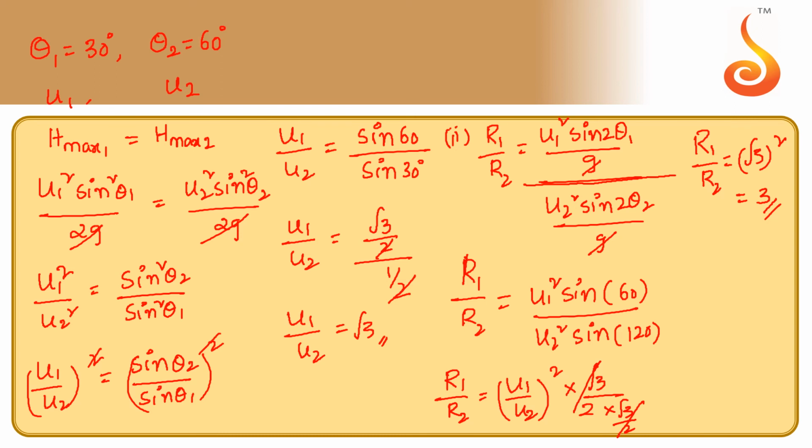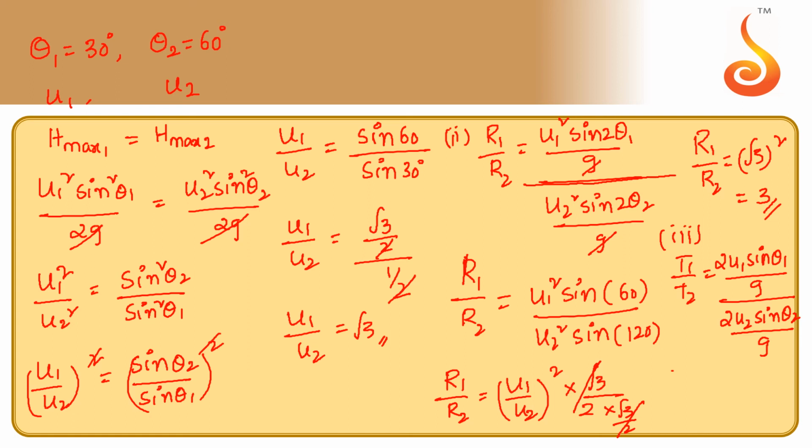And we also need to calculate the third parameter, the ratio of the time of flights, which is nothing but t1 by t2, equivalent to 2u1 sine theta 1 by g divided by 2u2 sine theta 2 by g.